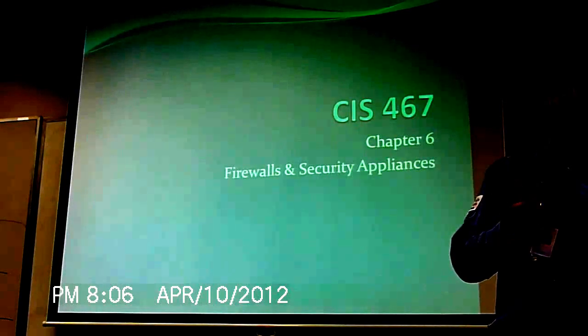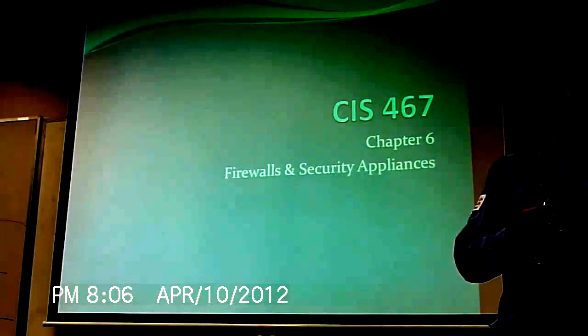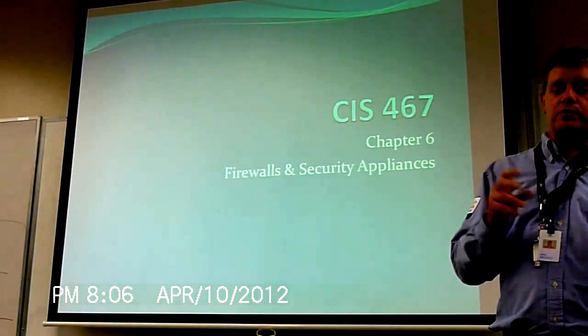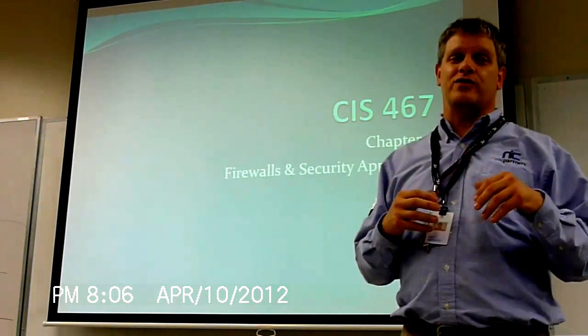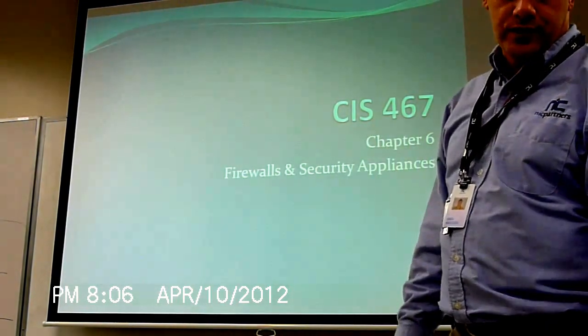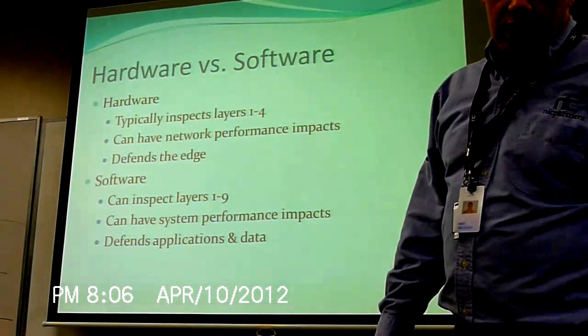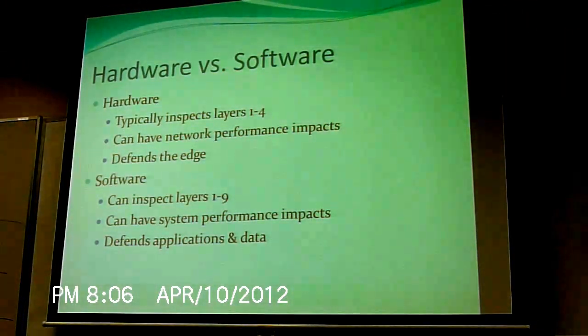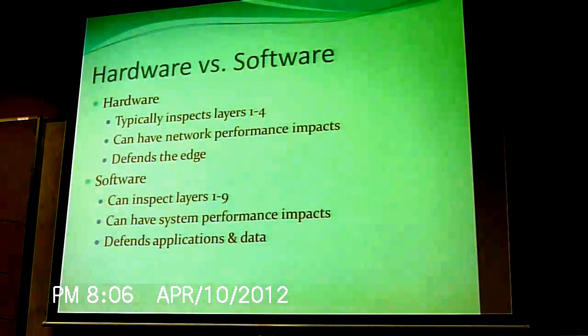There used to be 3 things. They used to have to route as well, but now there are transparent or stealthy firewalls that don't even have to do that. They basically act as a bridge, which is one of the first things we're going to talk about after we talk about hardware and software firewalls. Hardware firewalls typically work at layers 1 through 4 of the OSI model.